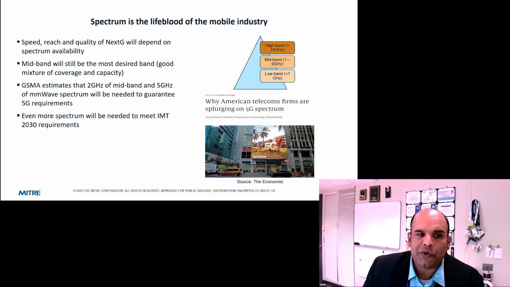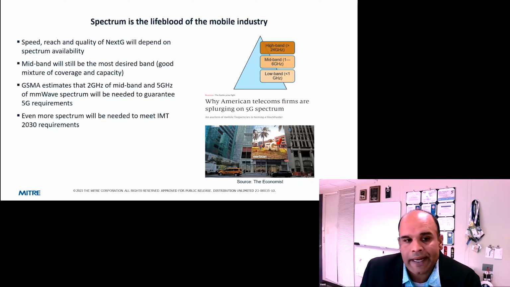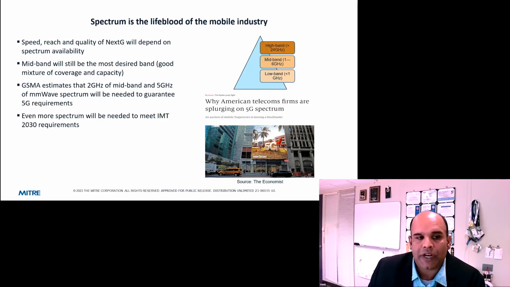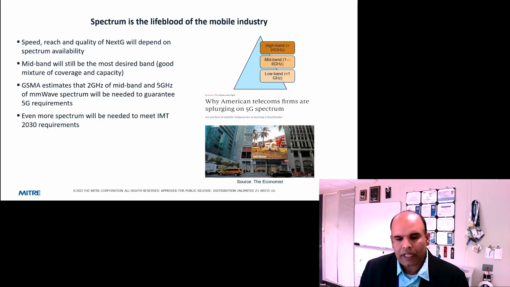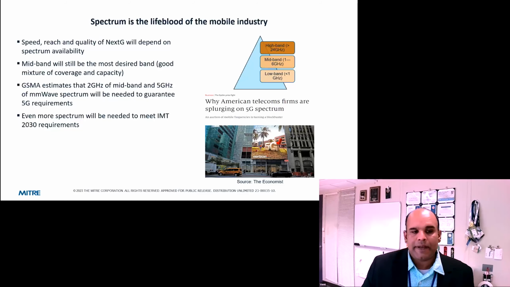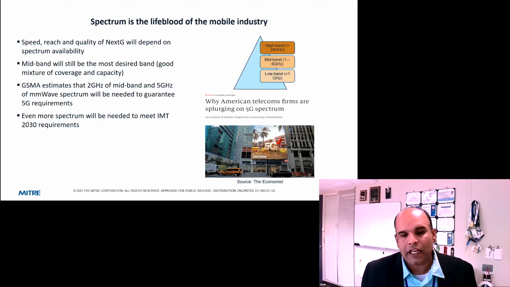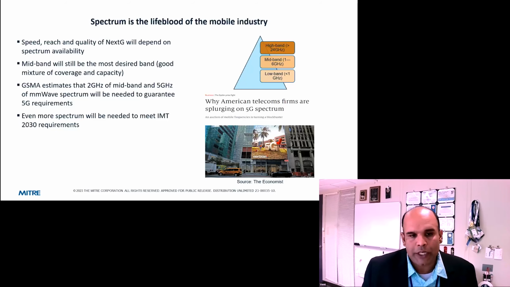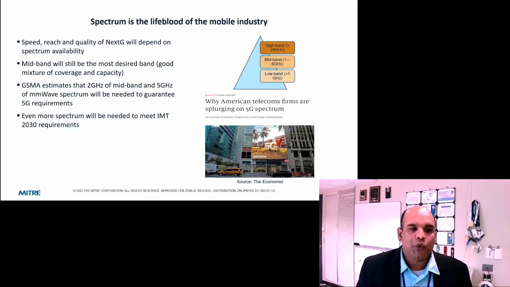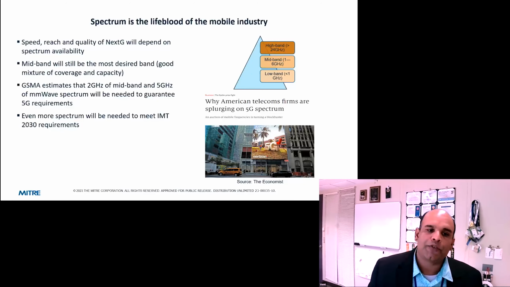But the mid band is going to be the most desirable band. Why? Because it has the right set of coverage and capacity. And GSMA estimates that to achieve the full potential of 5G, as laid out in IMT-2020, we will need about 2 gigahertz of mid-band spectrum and about 5 gigahertz of spectrum in the upper band. So this is millimeter wave bands and anything above 24 gigahertz.